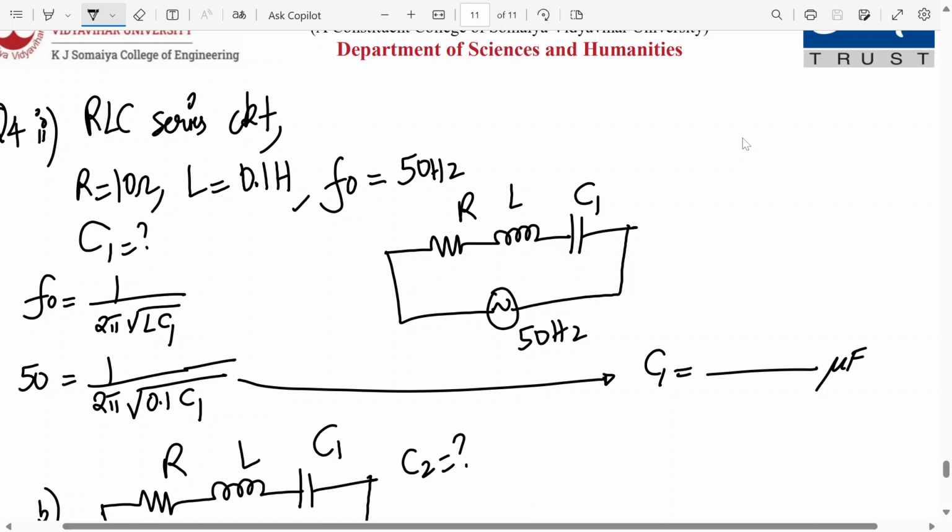So what is happening in the first case? We are getting maximum current. When do we get maximum current? In case of series resonance. And this is the series resonance formula. Okay, let me know the value of C1. Anyone? Substitute it over here and calculate, put it in the calculator.